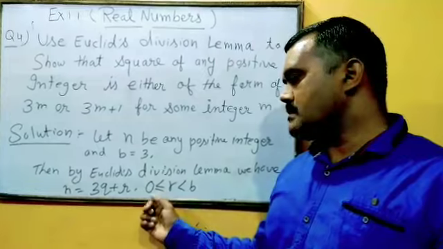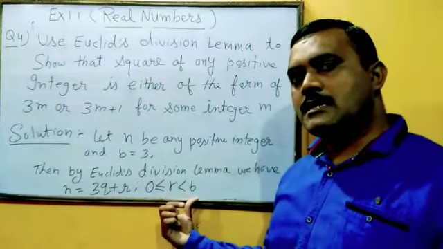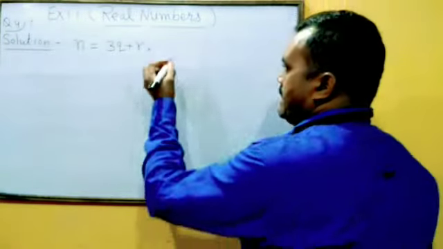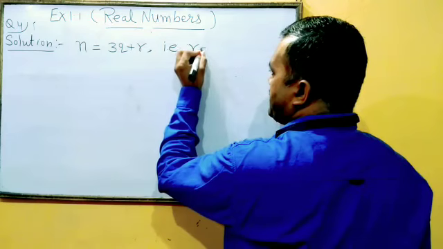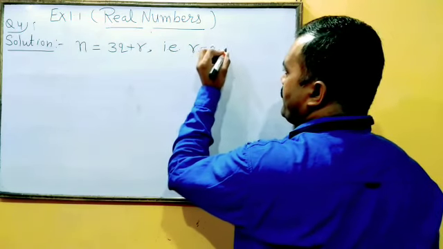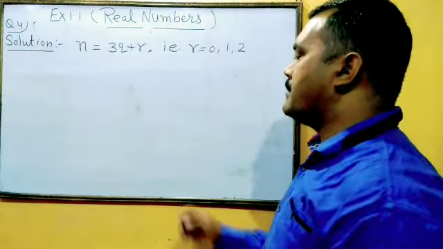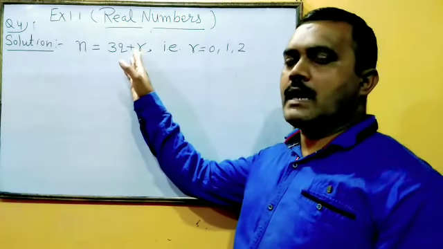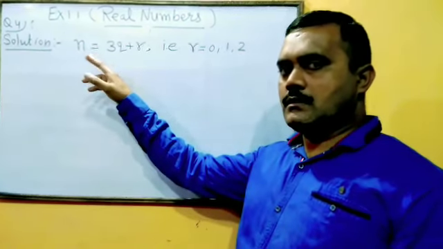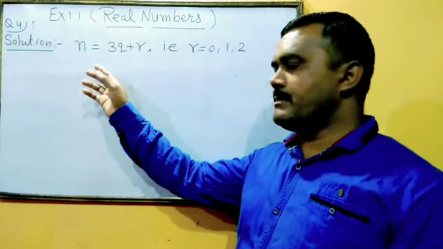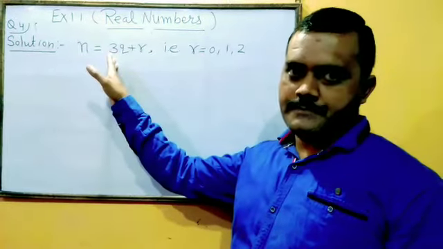The value of r is between 0 and b. It is either greater than 0 or equal to 0, and less than b. That is, r is equal to 0, 1 and 2 according to the division lemma, because the value of r should be either less than b or 0. That means 0, 1, 2. We can't write 3.